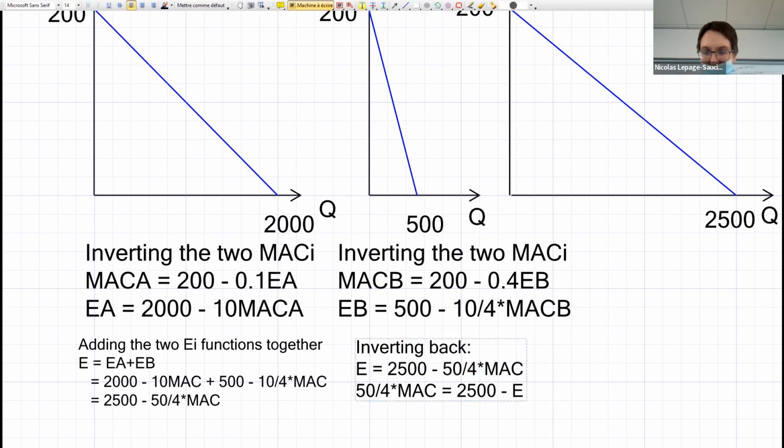So let's start by dividing this by 50. So by 10, this.